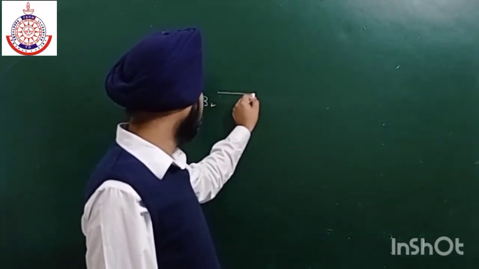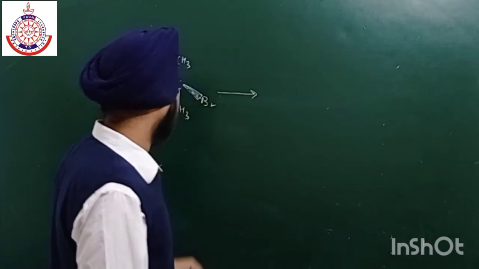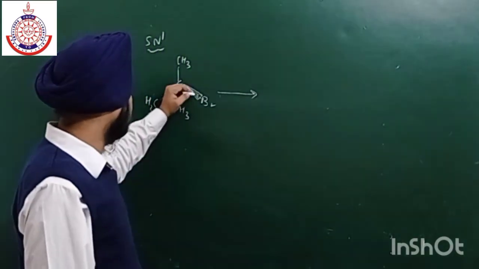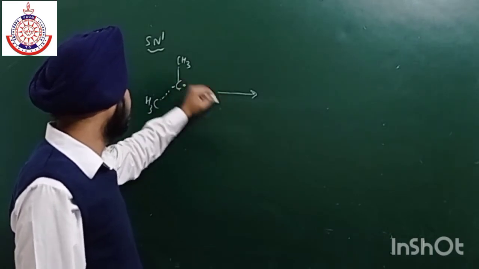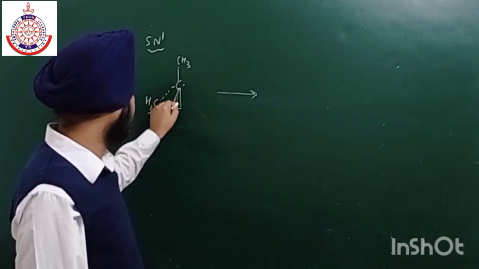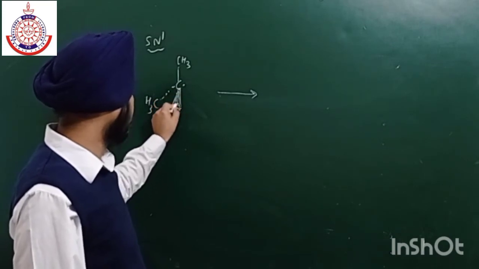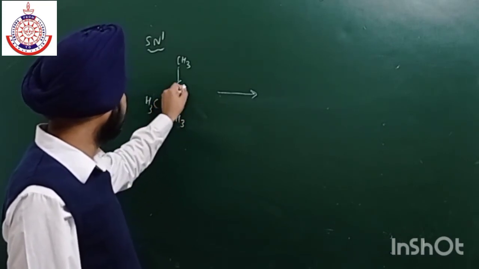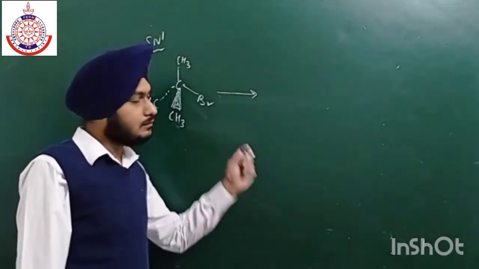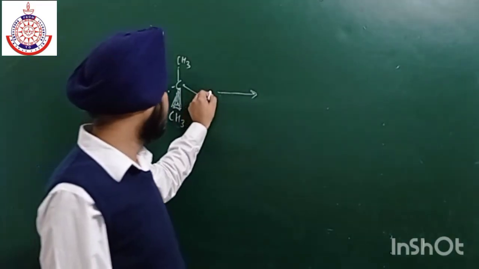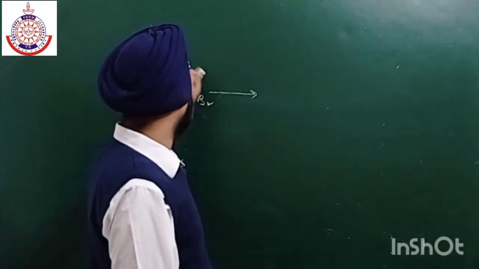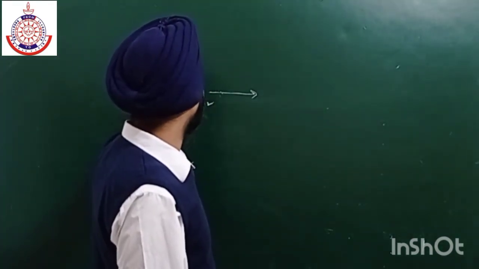The first step is the removal of this bromine. Take this in the back side, like this. The first step is the formation of carbocation.